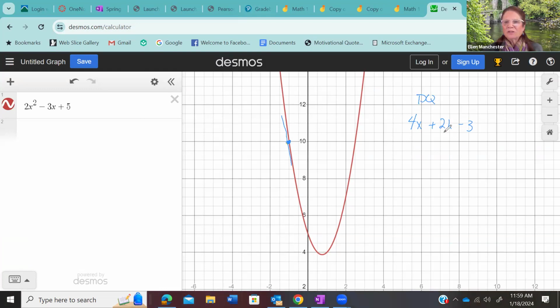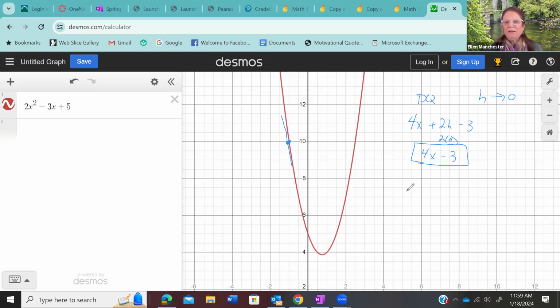So if h goes to 0, what this ends up with is 2 times 0. So this ends up with 4x minus 3. This means that I can find the slope right here.